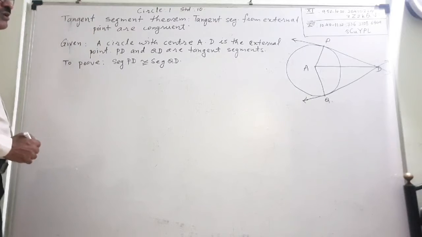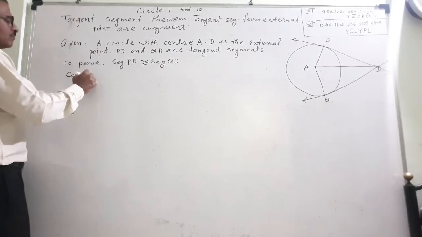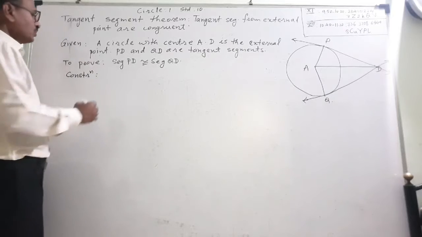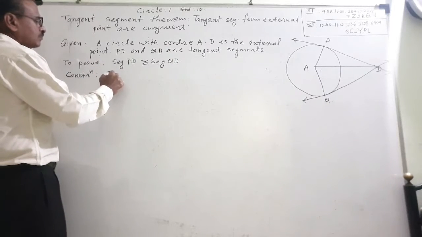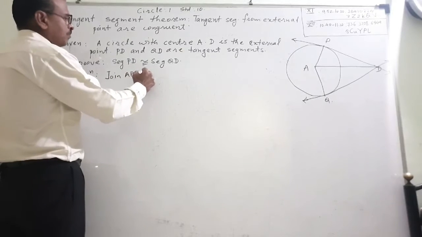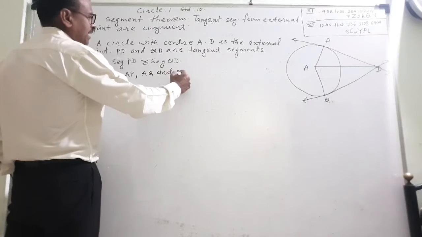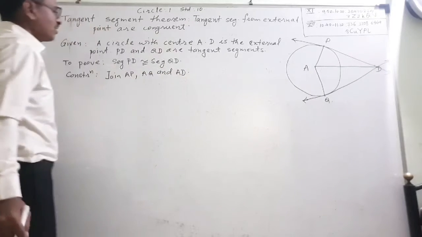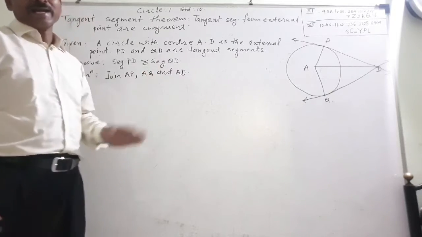What construction have you done? Construction, that also we will write. Join AP, AQ and AD. You will draw the segments AP, AQ and AD.